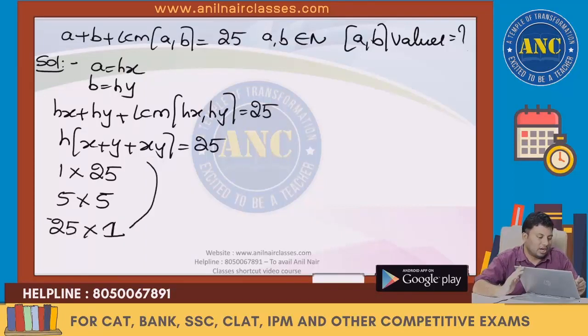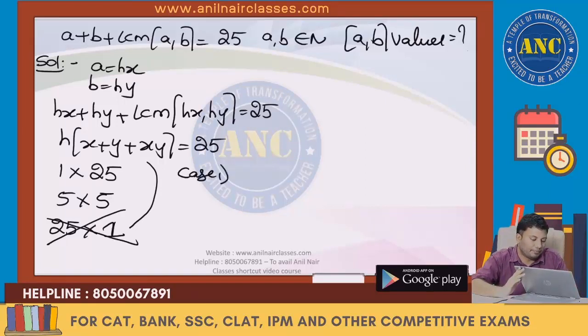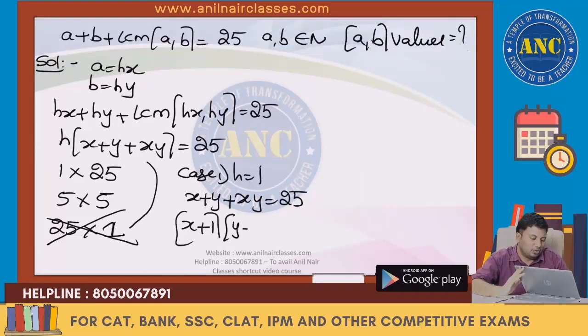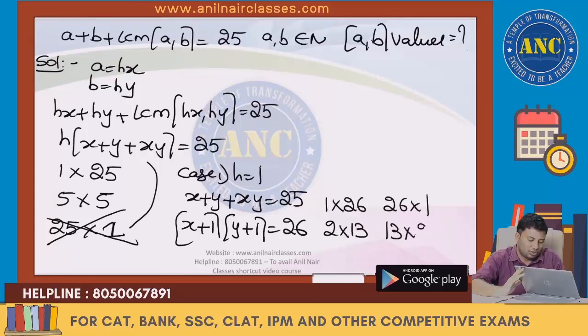In the case h is 25, adding 1 to 1 gives 2, a prime number, so it is out. Case number 1: h is 1. x plus y plus xy equals 25. If I add 1, x plus 1 into y plus 1 equals 26. 26 is 1 into 26, 26 into 1, 2 into 13, 13 into 2.